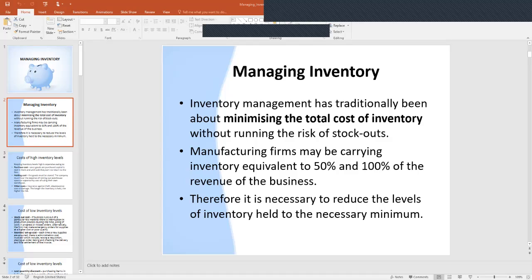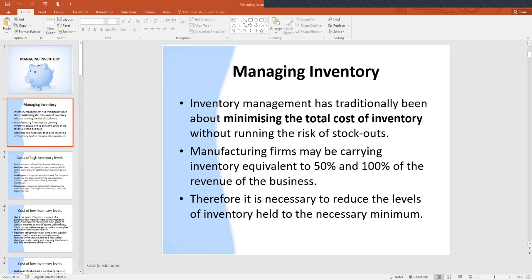It doesn't mean that you ignore receivables and cash, but you have to pay special attention to inventory, because most of your investment in working capital will be in inventory.